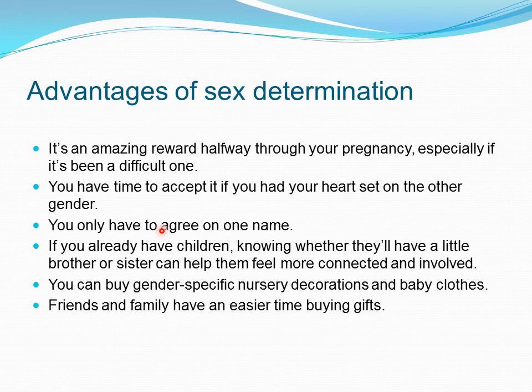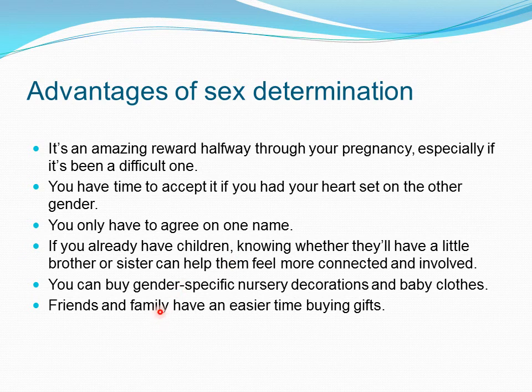Now there is another point. You can select the name of the child, whether it is a boy or a girl. And if you are already having children, then they will know whether they are having a brother or a sister, and they'll feel more connected to that unborn child. They will know that a baby brother or a baby sister is being born.